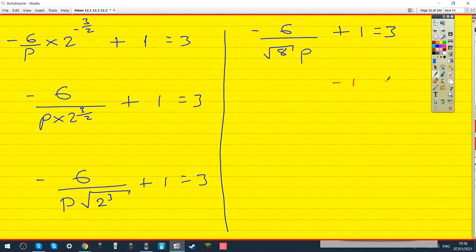I'd probably subtract 1 from both sides. So it'd give you minus 6 over root 8 p equals 4. Well, 2, sorry, not 4. And then?